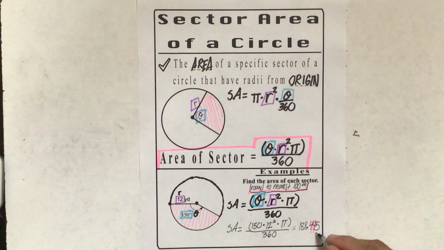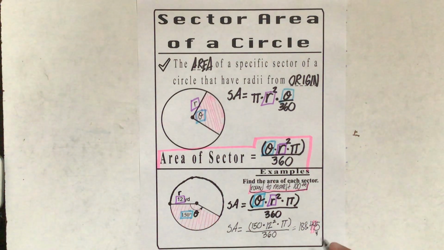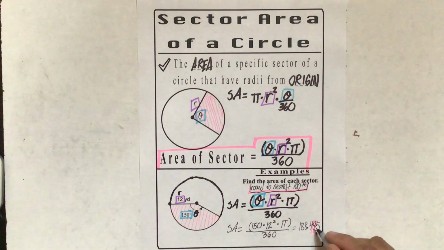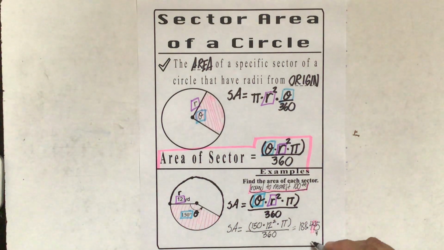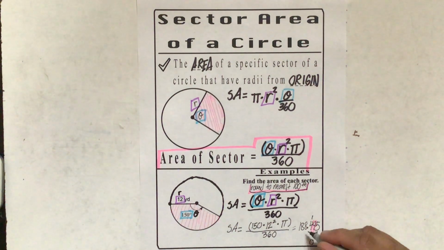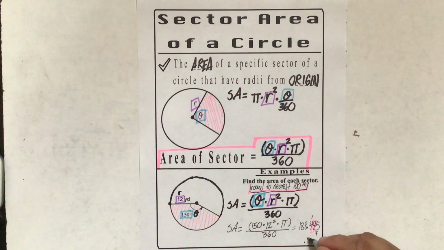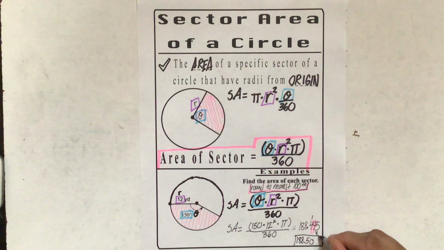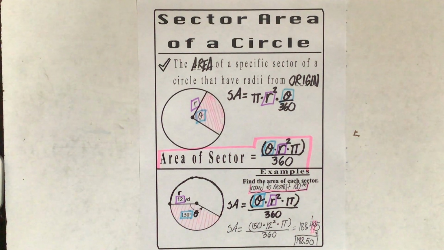That means that this 5 is going to tell this 9 what to do. Since it's 5 or above, it's going to tell the 9 to become a 10. But then I have to carry the 1 here. So that 4 is going to become a 5. And then I bring down everything else. And that right there is my solution. That is my surface area. 188.5.